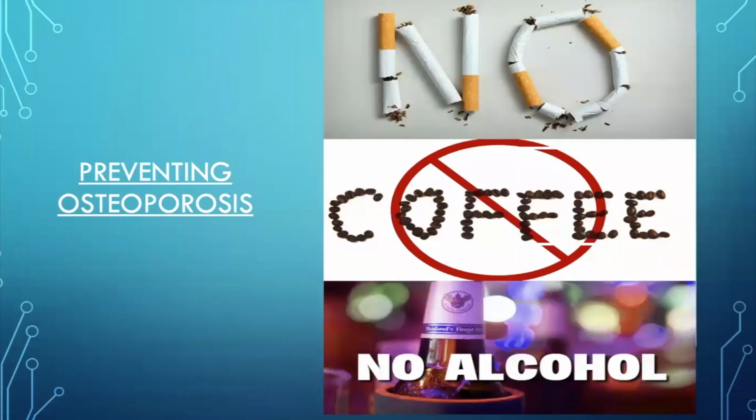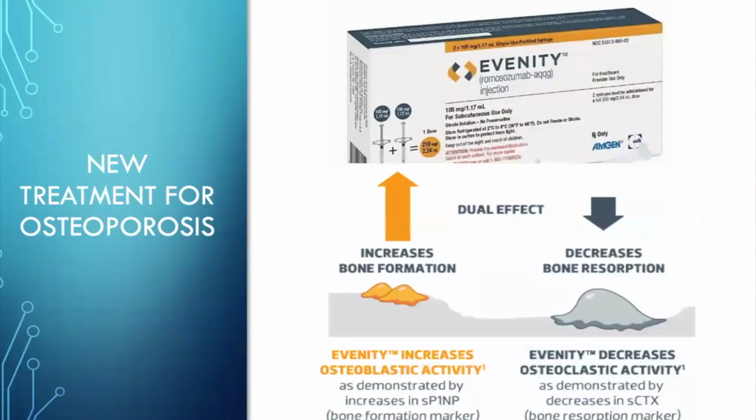And of course, you should avoid smoking, drinking alcohol, and minimize coffee in your diet because it all reduces calcium levels. In addition, your doctor may prescribe a medication to slow or stop bone loss, increase bone density, and reduce fracture risk. Currently, treatments for managing osteoporosis include bisphosphonates, calcitonin, and estrogen for women only.